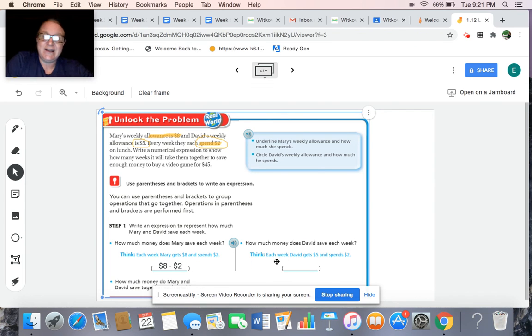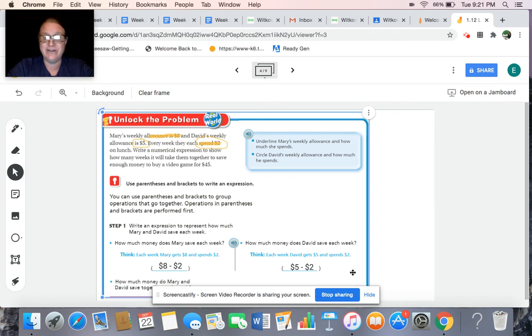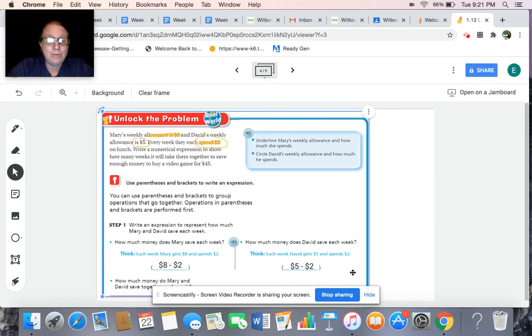Then how much money does David save each week? Same thing. Think about how much he gets each week. He starts with $5 each week, and he also spends $2 each week, so 5 minus 2. How much money do Mary and David save together each week?